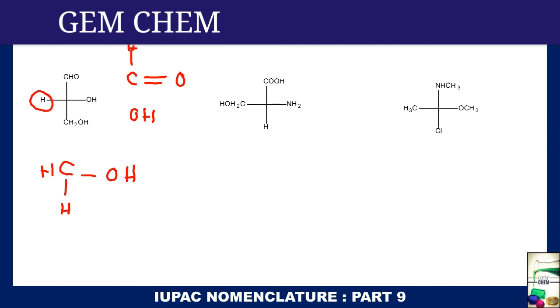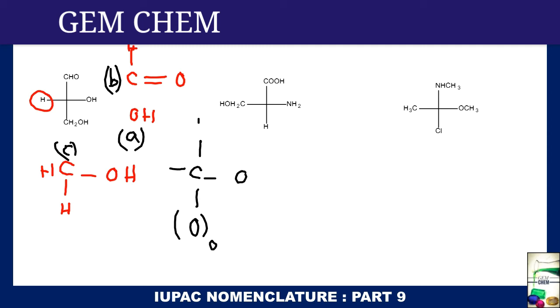Now if we consider this one, this is our A group, and the next one which we are going to consider is B group, and this one is C. Why this one? Because if we break this, it will look like this, right? And ultimately there is an advantage of having 2 oxygens.